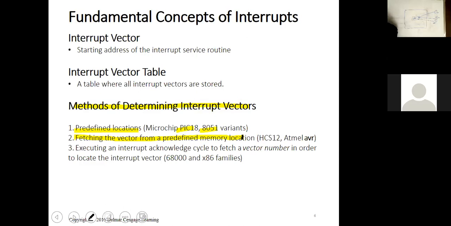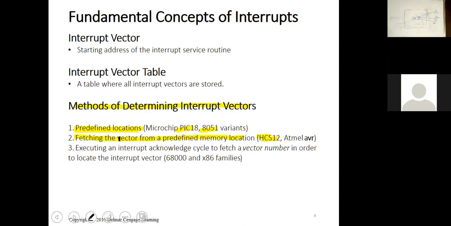For every interrupt source possible in the HCS12, we will see that in memory there are specific fixed predefined locations, effectively 2 bytes, to hold a 16-bit address, which is the address of the interrupt service routine associated with this interrupt source. So in the first approach, we simply fix the address of the interrupt service routine, which has to start at a specific address.